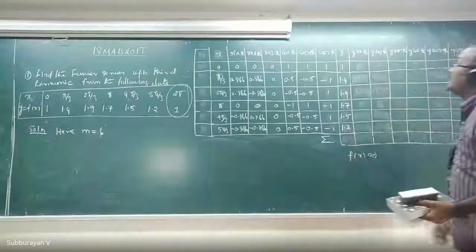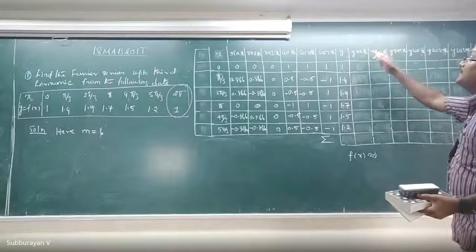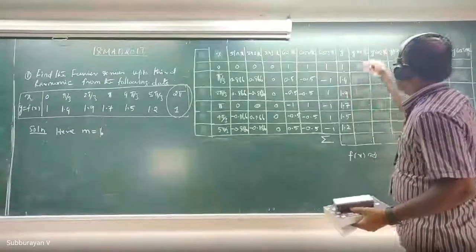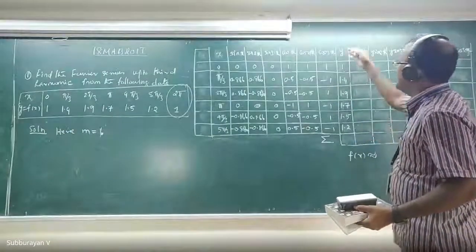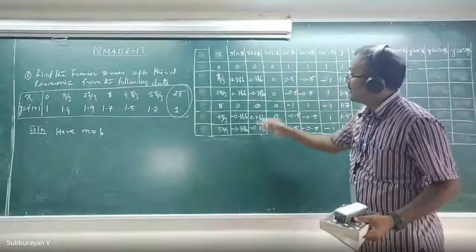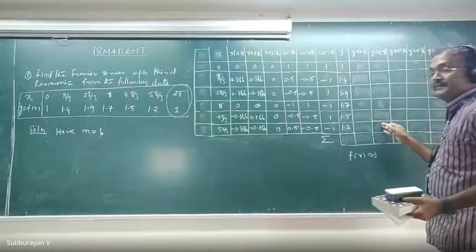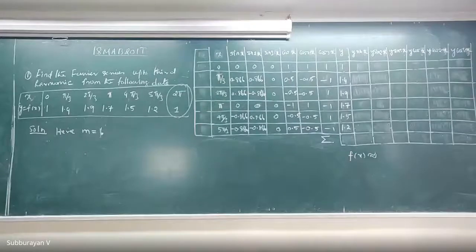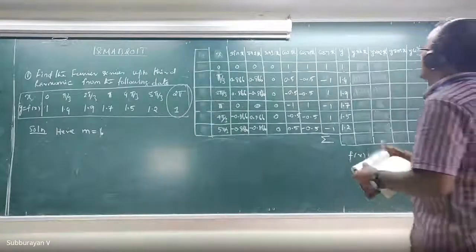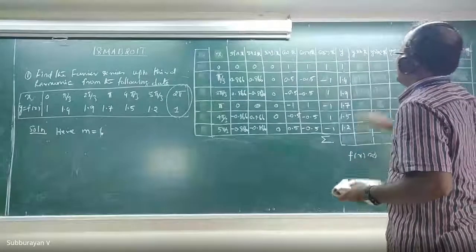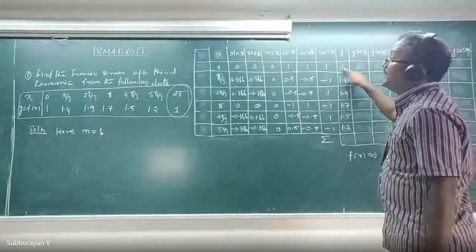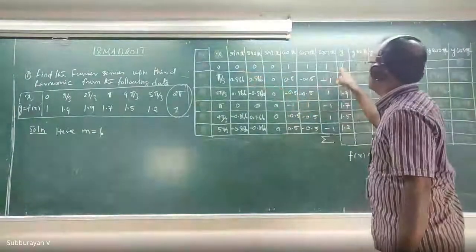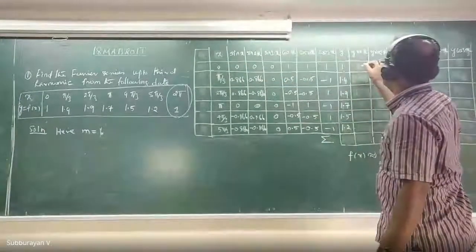Now you have to multiply this column with this column and put it in this column. Similarly, multiply this column with this column and put it in this column. Okay, we'll do it now. Here y equal to 1 and sine value is 0, so 1 into 0 is 0.